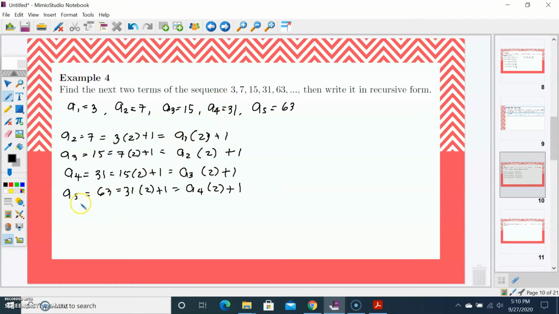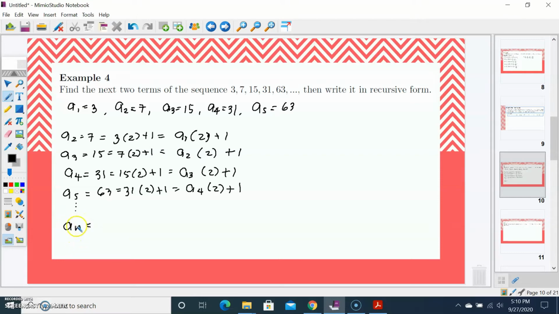If you're going to continue this up to a sub n, n meaning the last term of the sequence, we are using a sub n to denote the last term kasi we do not know kung ano yung number. Na malay mo 32 or 100, 'di ba?